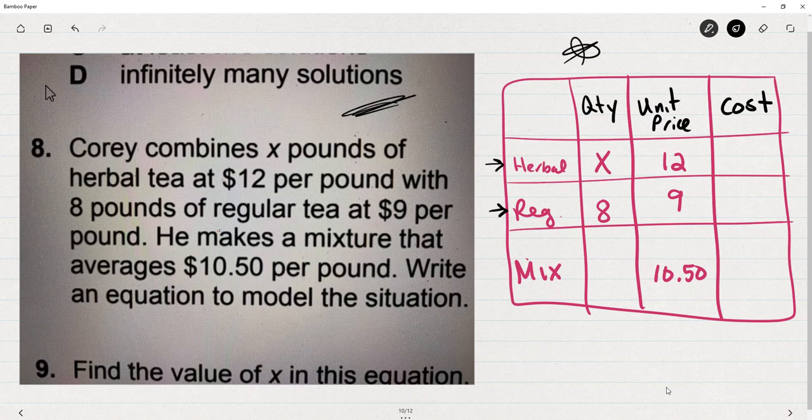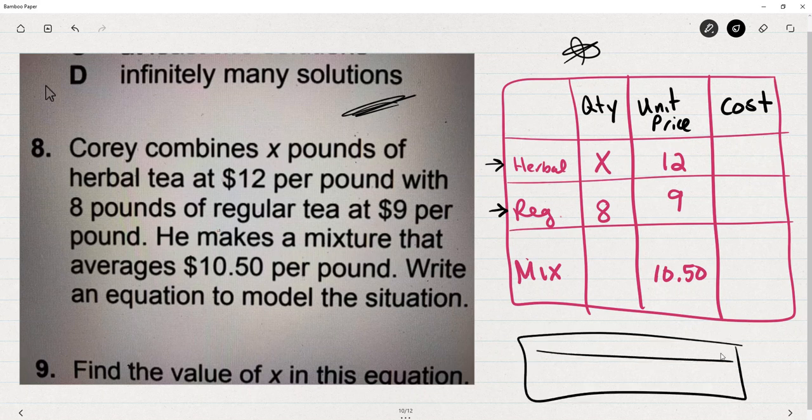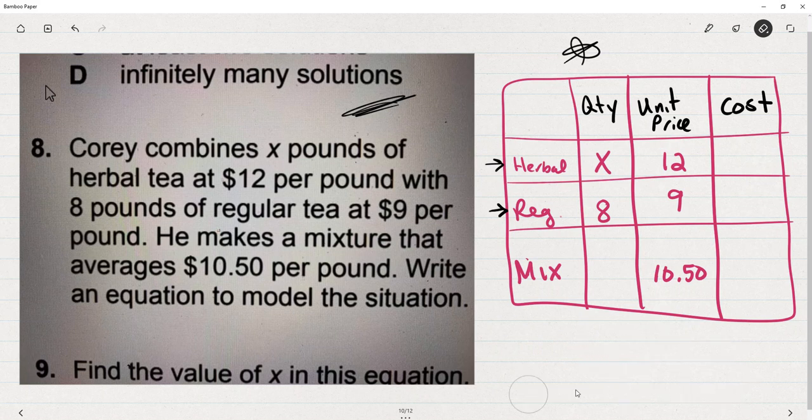And then as we go on with the problems, I start deleting parts of the chart and let them fill it in until they can eventually take a blank thing that looks like this and fill it in. But I want to walk you through how I would do this chart and what I did here.